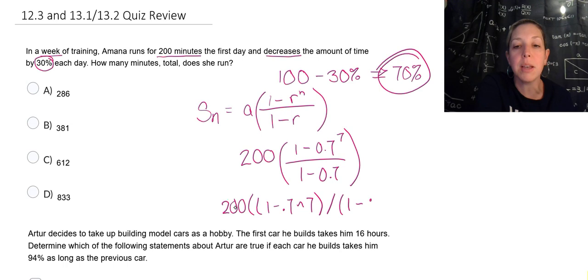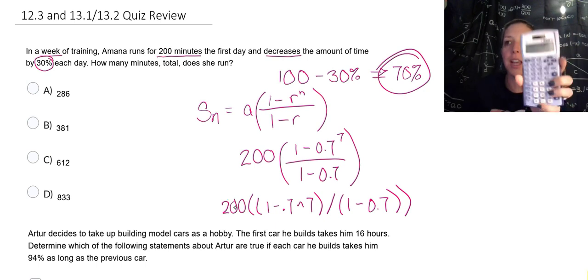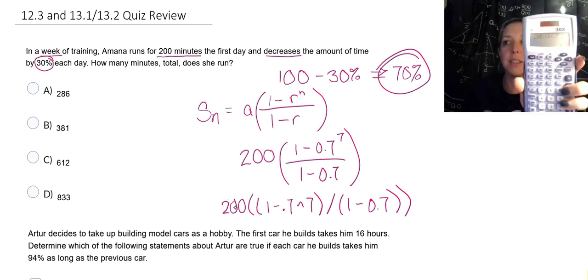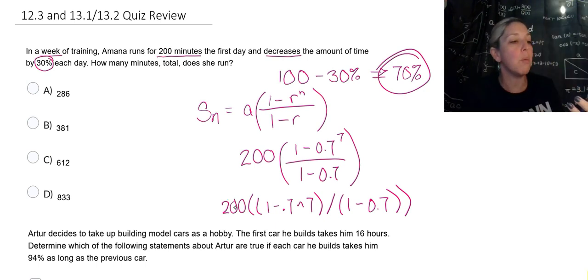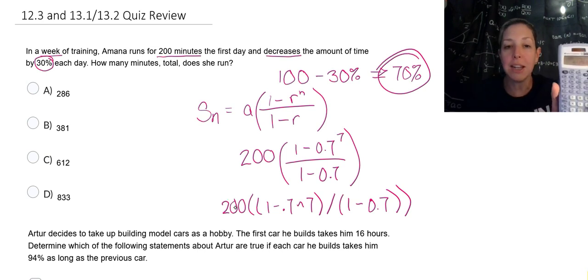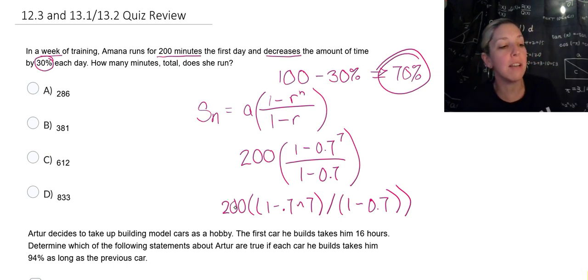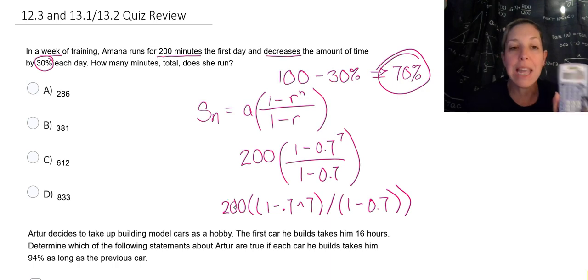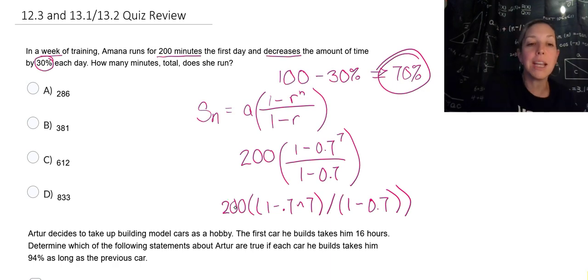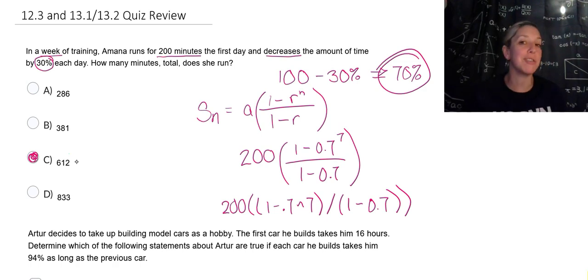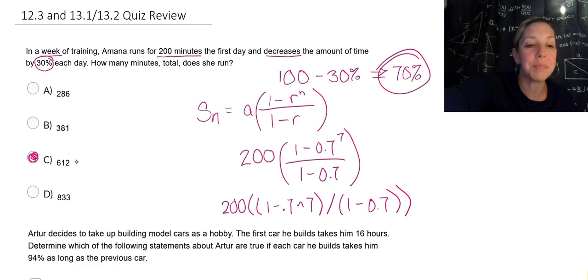You can type the 0 or you don't have to. I just do that to give it a lot. But when you type that in and hit enter, you get 611.7638. So looking at my answer choices, that would round up to 612. So that's how you would solve that one.